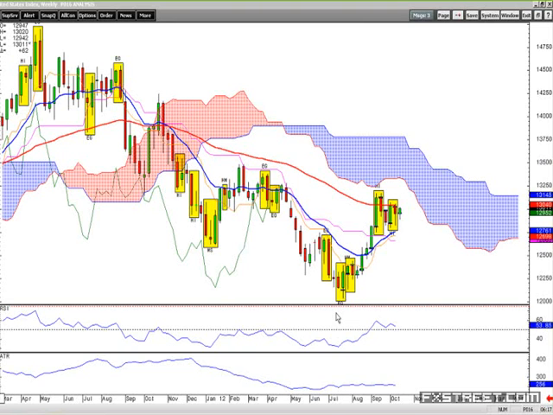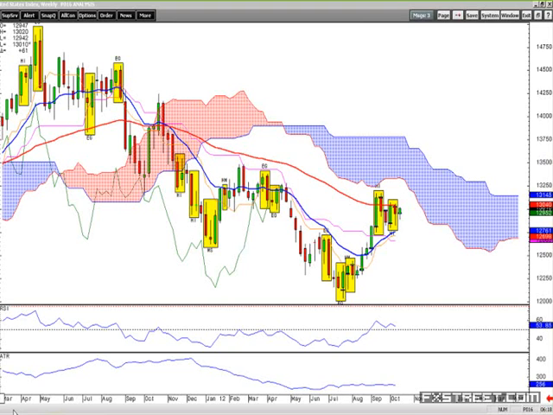So I want that inside bar to stand out from the crowd, if you like. In my bullish or bearish engulfing candles, the same scenario. I want that bullish or bearish candle to stand out.